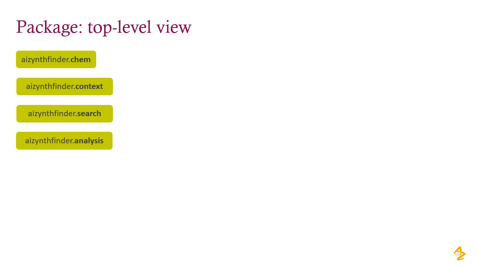Okay, let's look at the top level packages and modules in the AiZynthFinder package. So it's a Python code base. Perhaps that doesn't need to be said, but anyway. So at the top level, we have a few packages shown here that are the most interesting. We have the AiZynthFinder Chem package. We have the context package, the search package, and the analysis package.